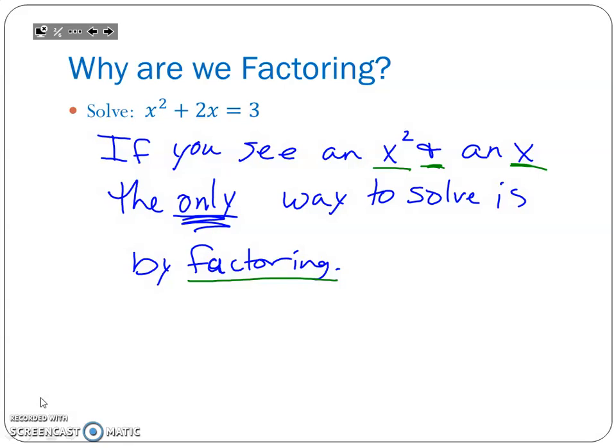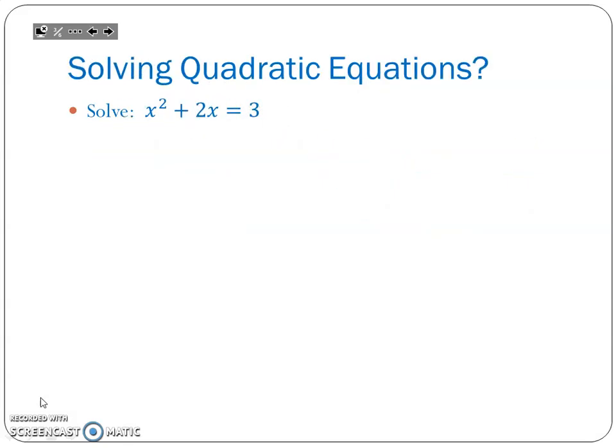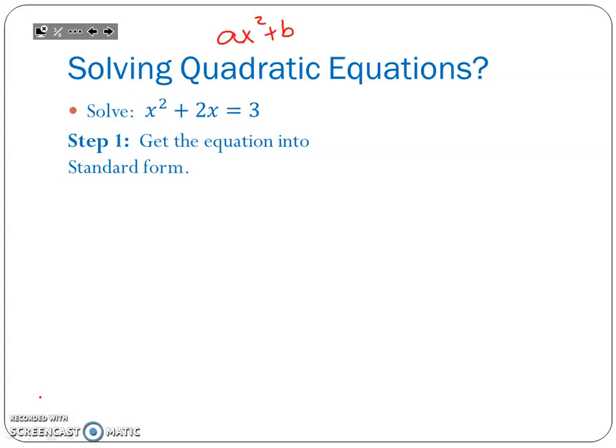So, let's practice then. Over here on the next slide. Okay? I've got x squared plus 2x equals 3. Now, we need to factor to be able to solve this. But before you factor, you have to get the equation into standard form. And what I mean by getting the equation into standard form is we need ax squared plus bx plus c equals 0.